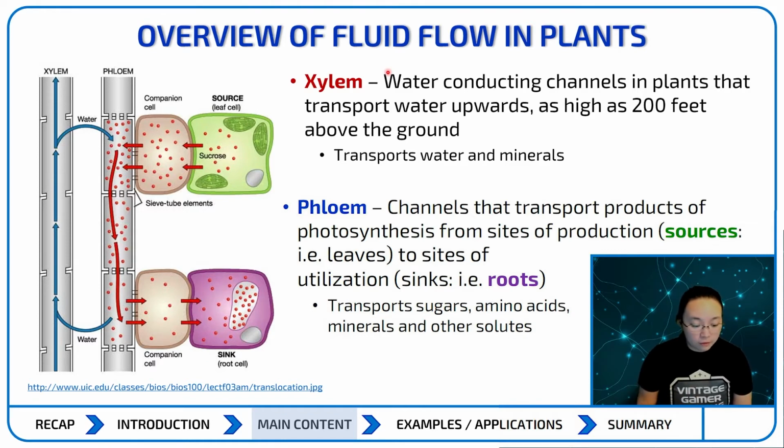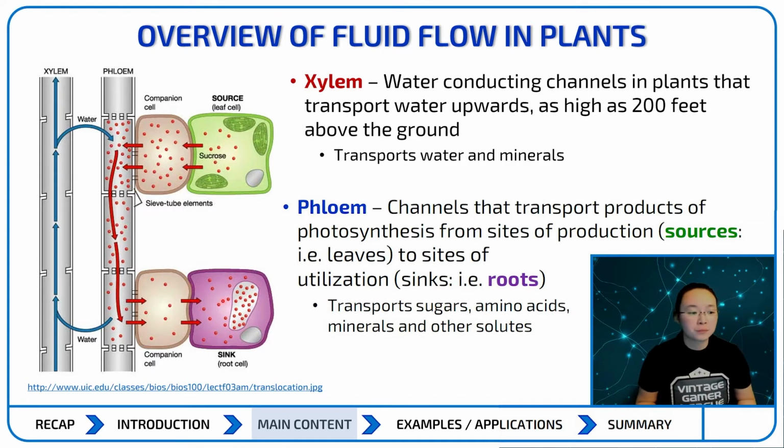The other thing is phloem. So organic compounds like sucrose that are produced by photosynthesis in your leaves, these are called the sources. They're going to be distributed through the companion cell into the phloem, and through the phloem, you have transport of those nutrients and sugar elements to go to different sinks.